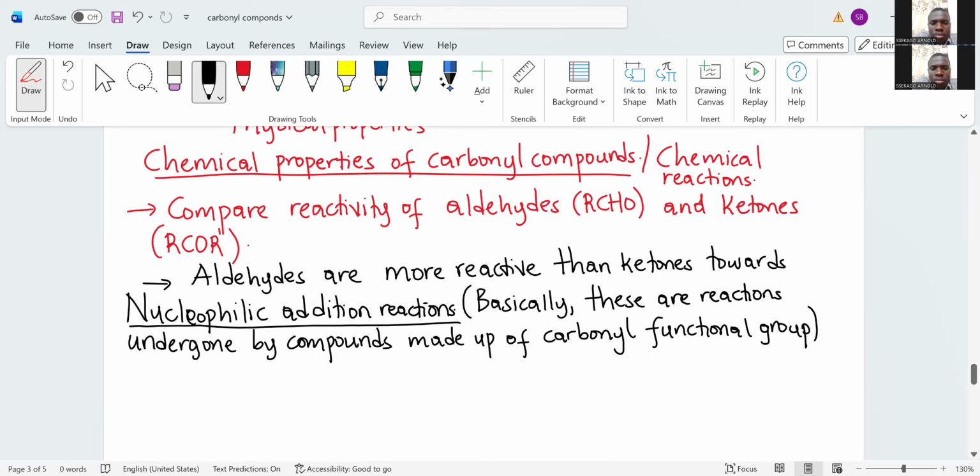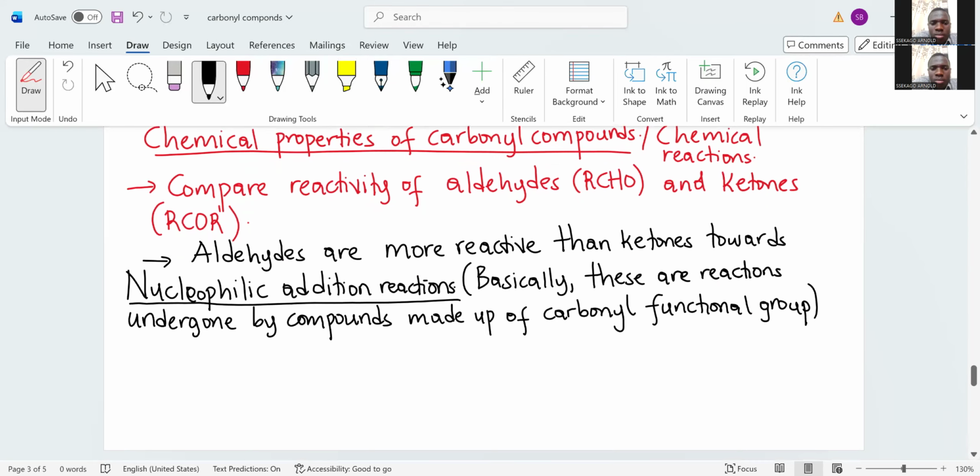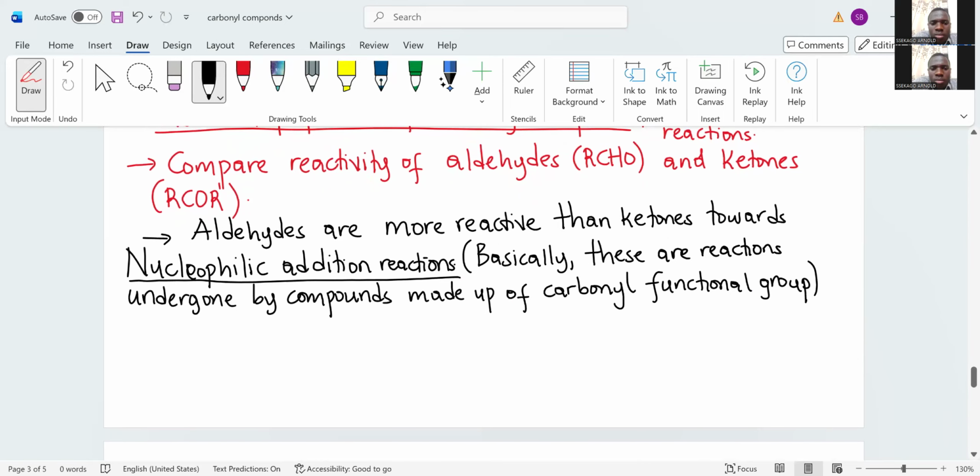Then for benzene and the other arenes, those compounds undergo electrophilic substitution reactions, which are simply undergone by derivatives of benzene, including benzene itself. Therefore, nucleophilic addition reactions are basically reactions undergone by compounds which have the carbonyl functional group.